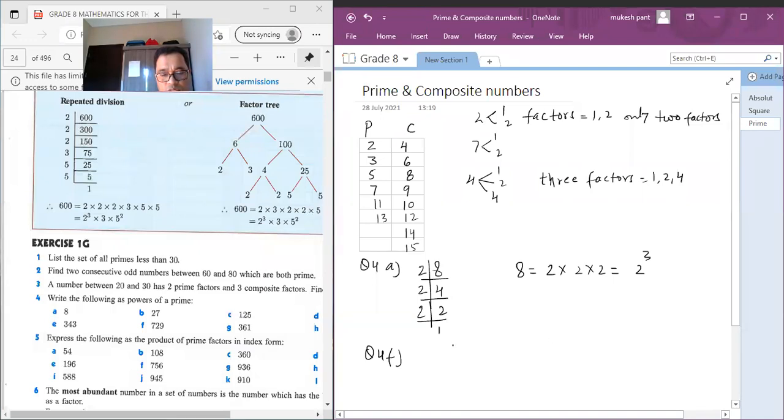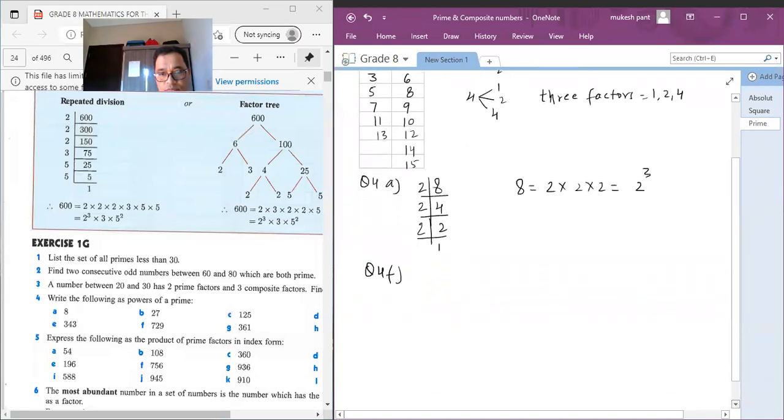So 729, 7 plus 2 is 9, 9 plus 9 is 18. It is divisible by 3. So 3 divides 729, then 243. Then again it divides, this is 81. Then 27.